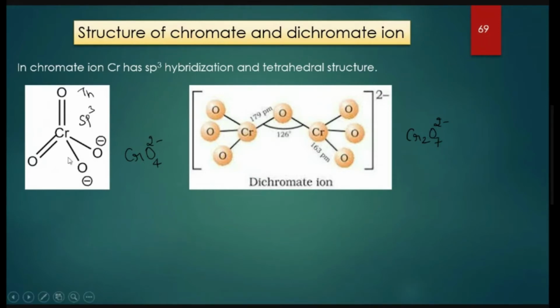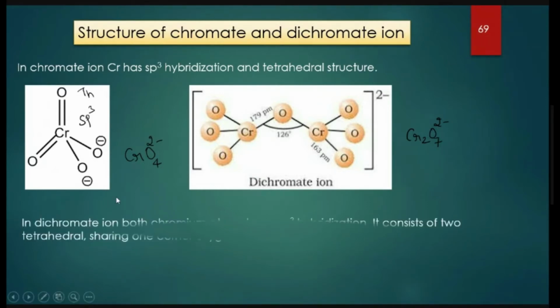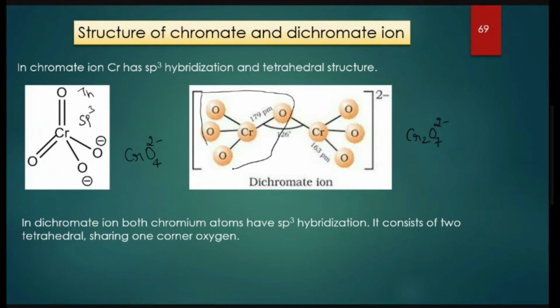But in the dichromate ion, there are 2 chromium atoms, which is why it is named dichromate. Each chromium atom is surrounded by 4 oxygen atoms and has a tetrahedral structure.